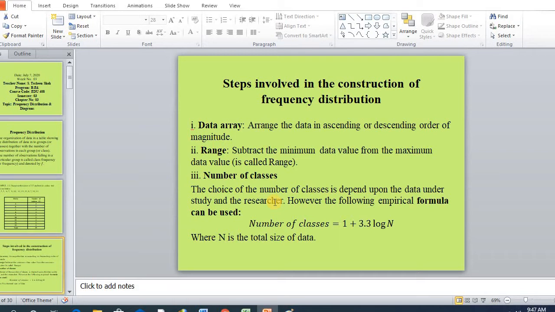However, a popular method is used to obtain the number of classes: number of classes is equal to 1 plus 3.3 log n, where n is the total data size. Generally we take classes from 6 to 15. The minimum number of classes should be 6 and the maximum should be 15, right?